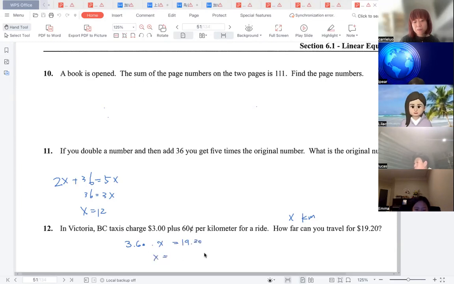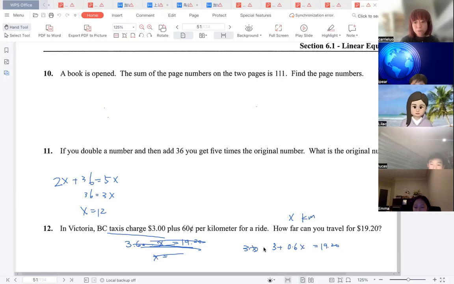So x equals, oh no, sorry, 3 plus 0.6x equals 19.20. Understand? It's 60 cents per kilometer. So 0.6x equals 16.20. So x equals 27.